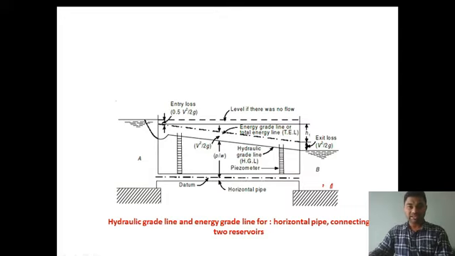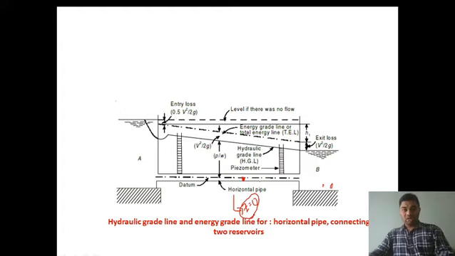So in the case of a horizontal pipe, the value of Z, that is the datum head, is 0, because now we are measuring everything from the axis of the pipe. Rest all remains the same.